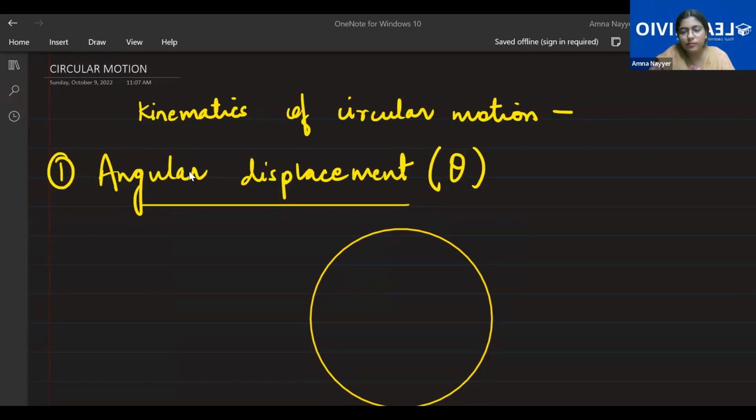Is the chapter on laws of motion finished? This chapter is completed, other than a small topic related to circular motion. Circular motion is there in your laws of motion also, a bit portion of it, so you'll be able to understand that when we complete the entire circular motion.